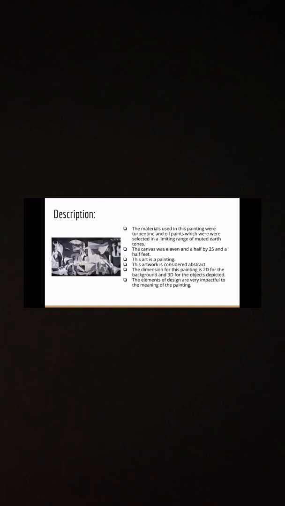This artwork is considered abstract for the number of features it includes through angles and shapes. The dimension for this painting is 2D for the background and 3D for the objects depicted. The elements of design are very impactful to the meaning of the painting.